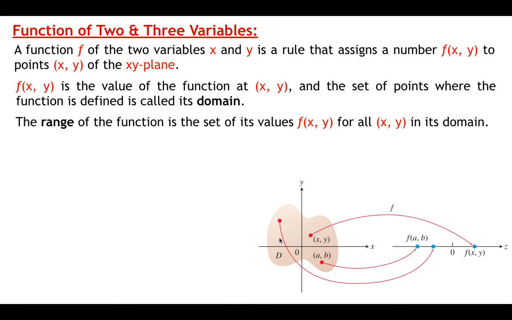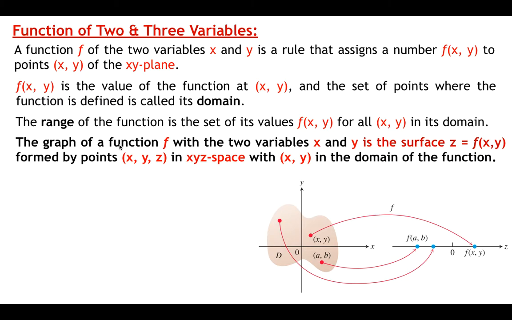Similarly, when we have a function of two variables, our domain is the xy plane and the corresponding function points are along the third axis, so we can draw this in space, and now these are not just curves, these are actually surfaces. So the graph of a function f of two variables x and y is the surface z equal to f(x, y), formed by the points (x, y, z) in xyz space with (x, y) in the domain of the function.